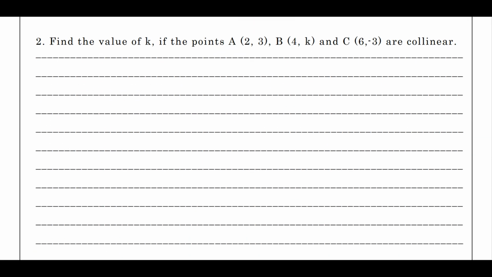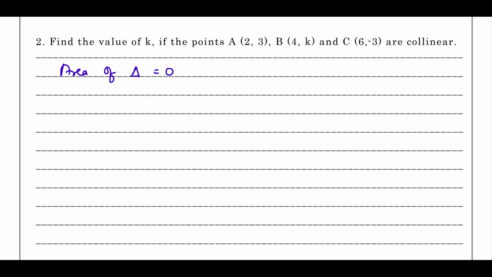Then next question, find the value of k if the points A(2, 3), B(4, k) and C(6, minus 3) are collinear. If the points are collinear, that means the area of the triangle will be equal to 0.